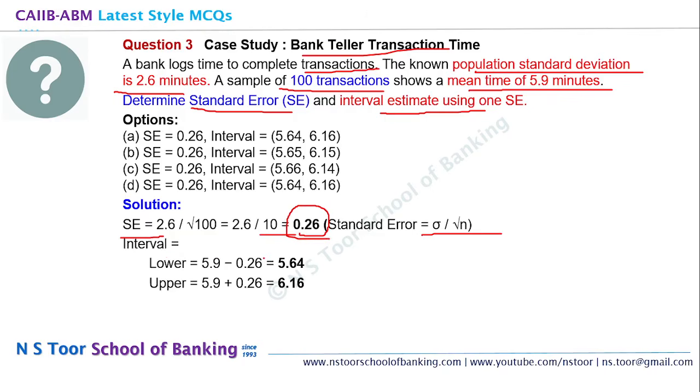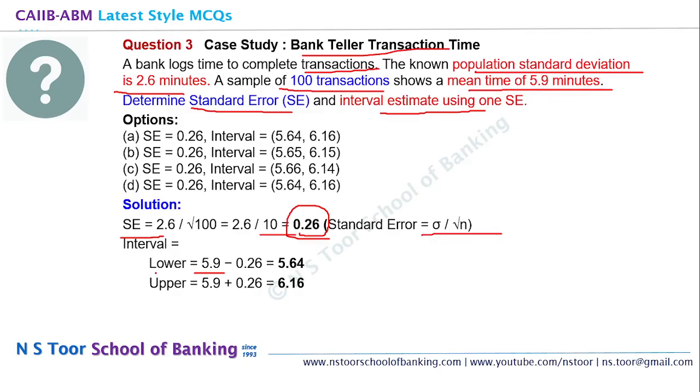Here they have already given you the mean. What is the mean here? It is 5.9. Mean time for sample is 5.9 minutes. So 5.9 minus standard error, we can find out the interval estimates.